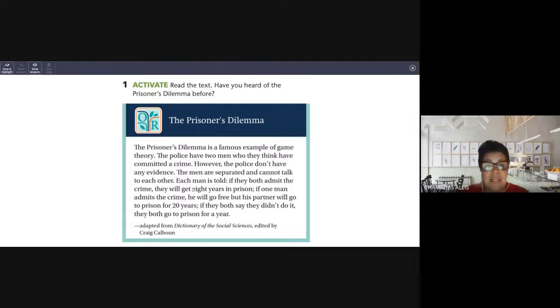If one man admits the crime, but the other doesn't, he will go free, but his partner will go to prison for 20 years. If they both say they didn't do it, they both go to prison for a year.